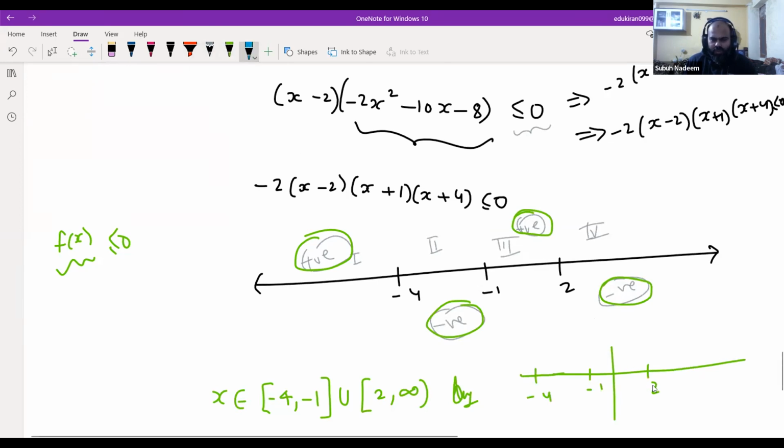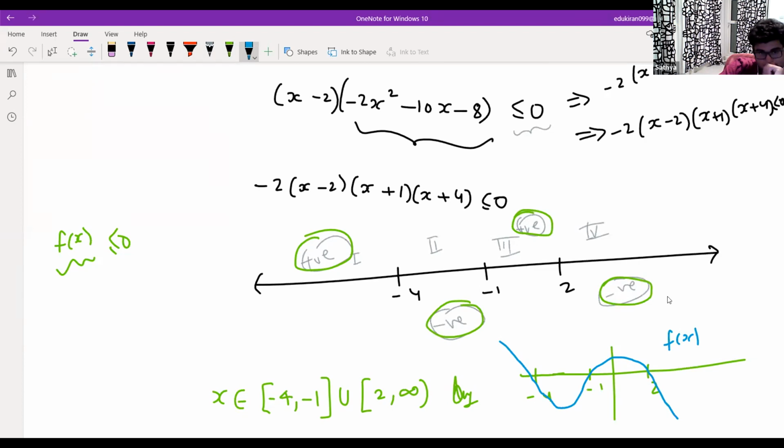The graph starts from negative, so it will be like this, like this, like this, and goes like this. Is it okay? Just note it down.